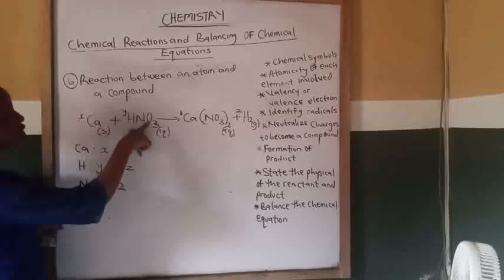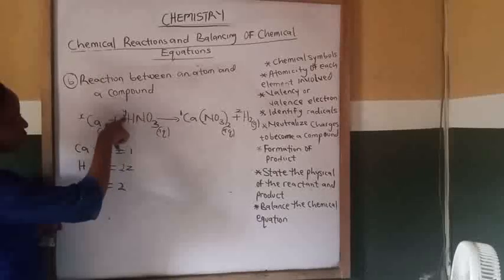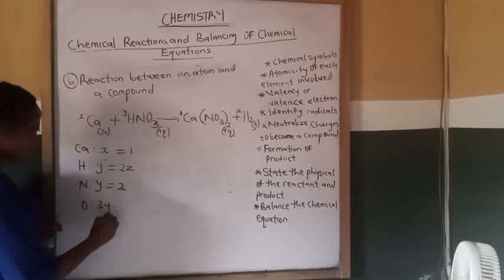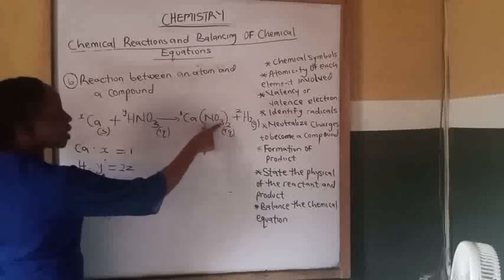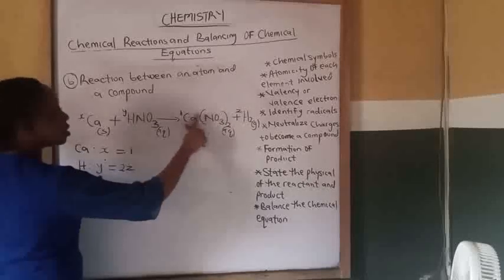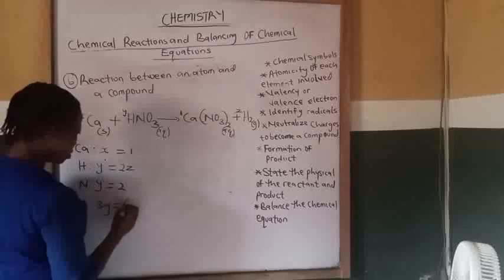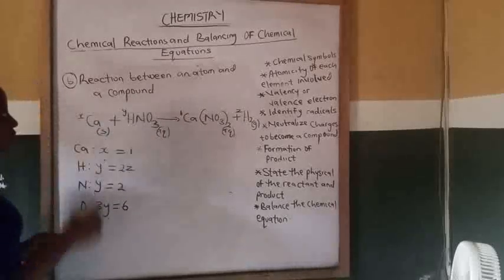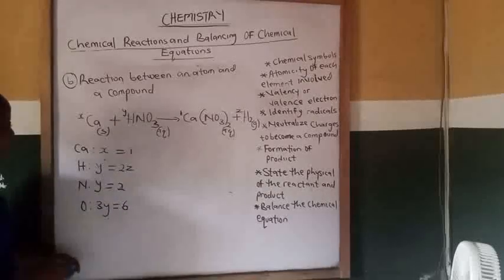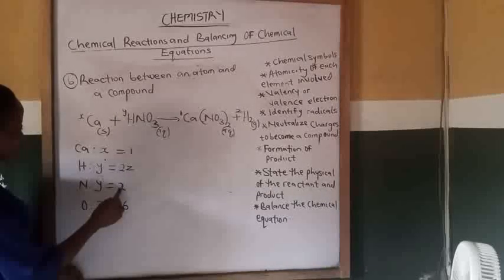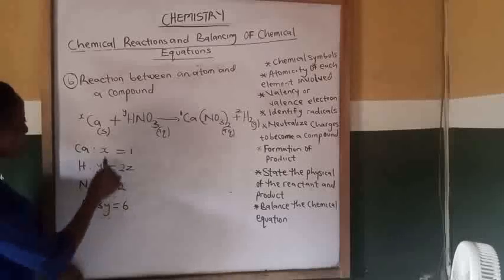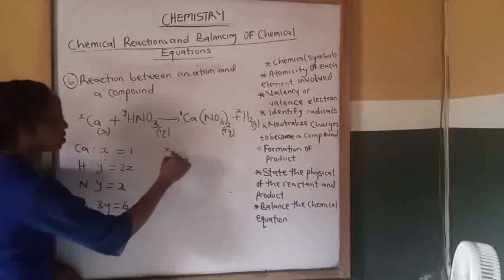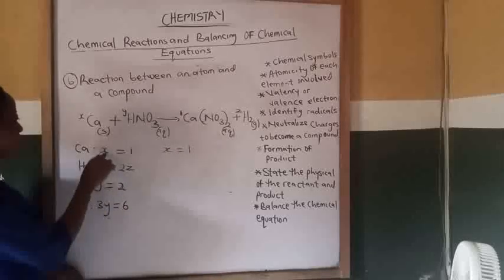How many oxygen? 3 oxygen here times coefficient Y. So 3 times Y gives me 3Y, equal to, then how many oxygen at this side? 2 times 3, that is 6. So 6 times 1 will give me 6. So I think that's all. Then our Y is equal to what? My Y is equal to 2. So I can look for the value of Y from here, either here or here. So my X, let's start writing. X is equal to 1 because I've gotten the value for X.